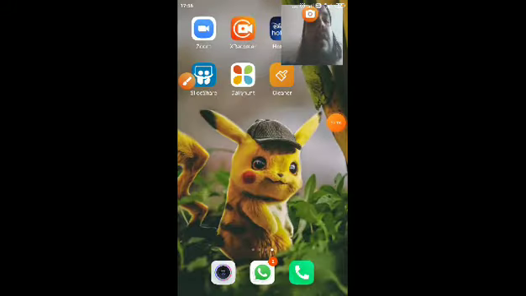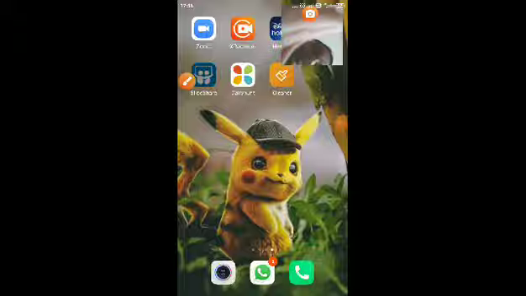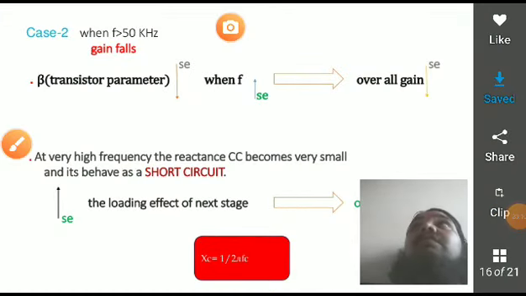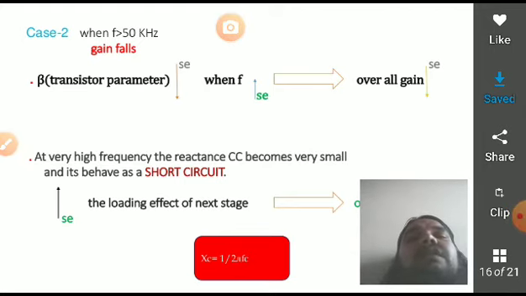Case 2: when the frequency is greater than 50 kilohertz, the gain falls, and the beta transistor parameter also changes.